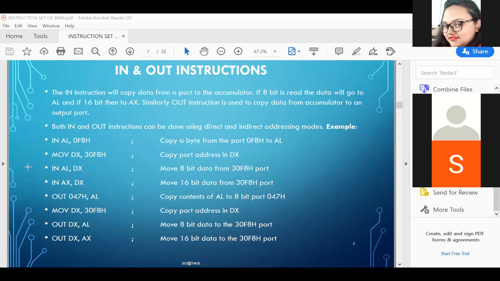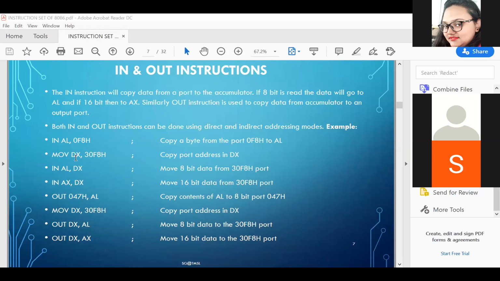So any port address can be given inside the DX register, like in these two examples: MOV DX, 30F8, then IN AL, DX. What is done in these two instructions? Now 30F8 is the port address which is stored inside the DX register.